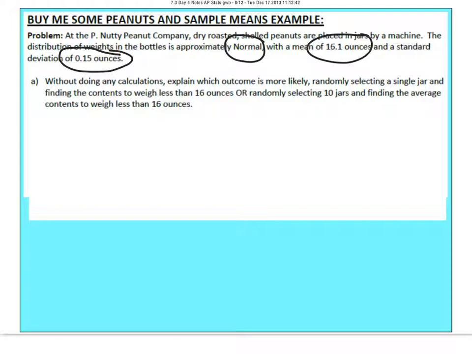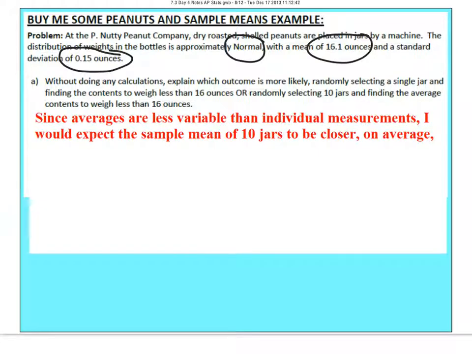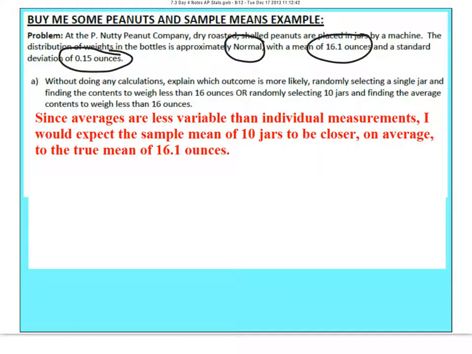If we select 1 jar versus 10 jars, as the sample size increases from 1 to 10, who has less variability? In that case, since the averages are less variable than individual measurements, that is, our group of 10 versus our group of 1, I would expect the sample mean of 10 jars to be closer on average to the true mean of 16.1.